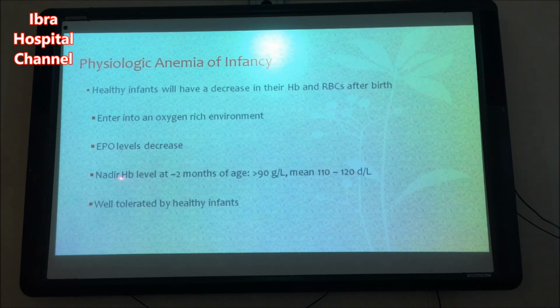EPO levels will be decreased, and then hemoglobin at 2 months can go down to 90, usually 90 and above, but it can go lower than that. Usually this is well tolerated by healthy infants. It's a full-term infant, he will tolerate that much anemia. So you don't transfuse a baby 1 month old or 2 months old because you find hemoglobin of 9. That's actually a physiological anemia. It is well tolerated. Okay.